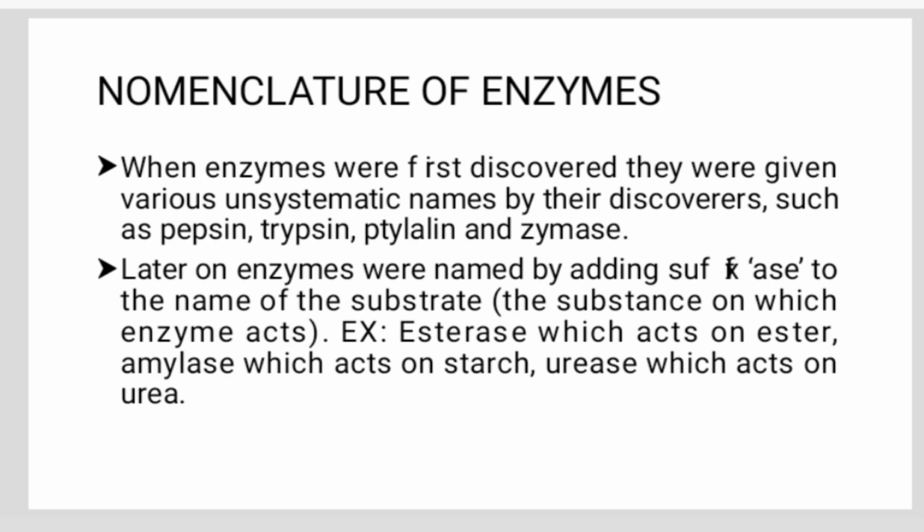What is the nomenclature of enzymes? When enzymes were first discovered, they were given various unsystematic names by their discoverers, such as pepsin, trypsin, ptyalin and zymase. Pepsin and trypsin are proteolytic enzymes. Enzymes are also named after the substance on which they act, like esterase, which acts on the ester of the substrate molecule; amylase, which acts on starch; and urease, which acts on urea.